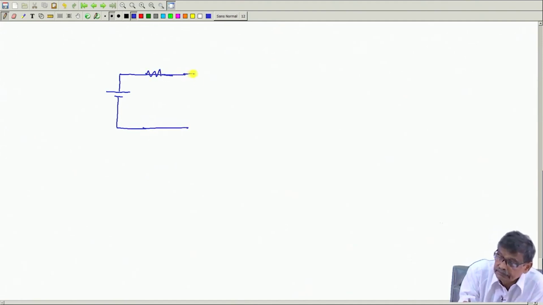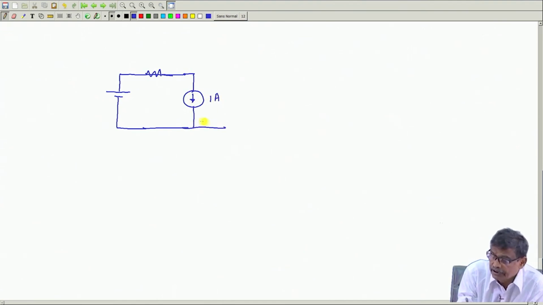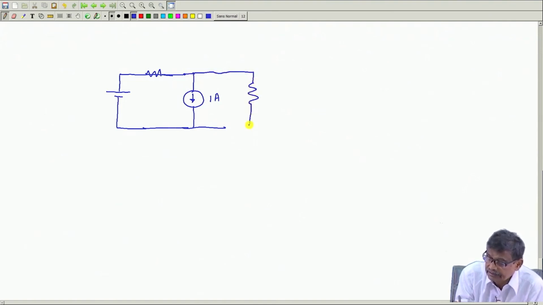A battery and a current source of 1 ampere, I write. When I have drawn a current source like this, I have told you it is an ideal current source, and suppose there is another resistance in this circuit.